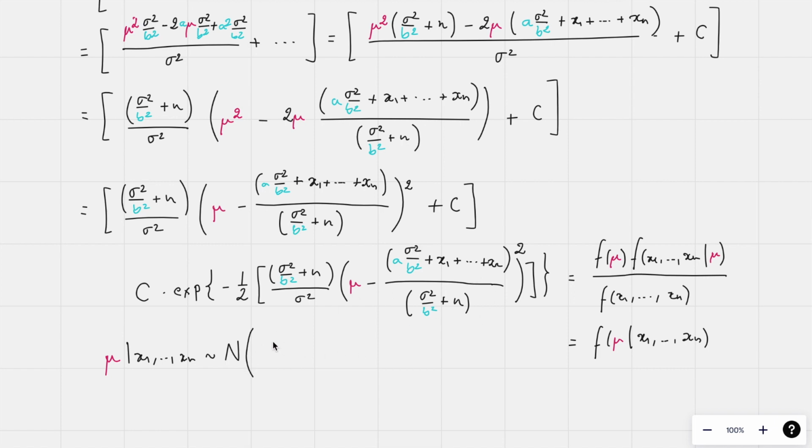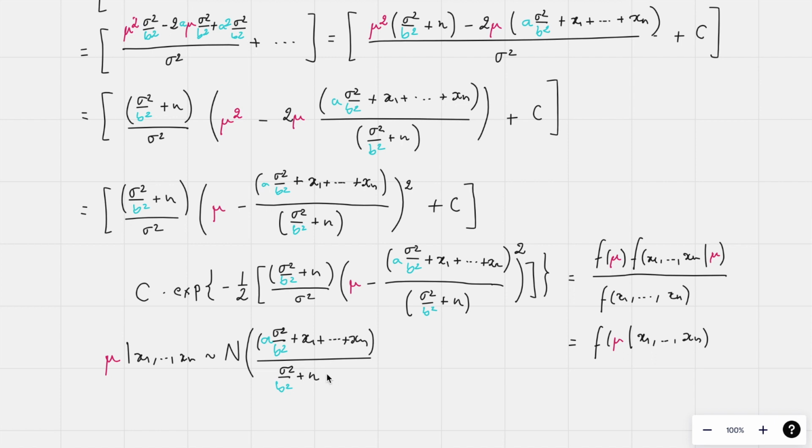So that is sigma squared divided by b squared times a, plus x1 plus all the terms till xn, divided by sigma squared divided by b squared plus n.